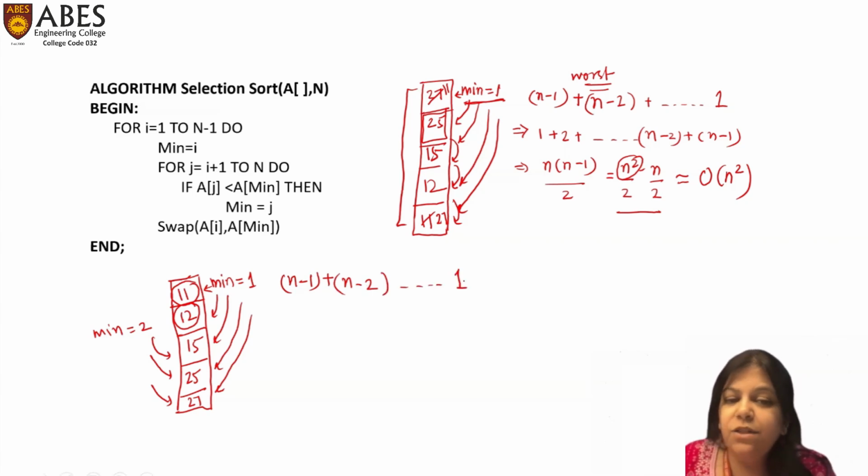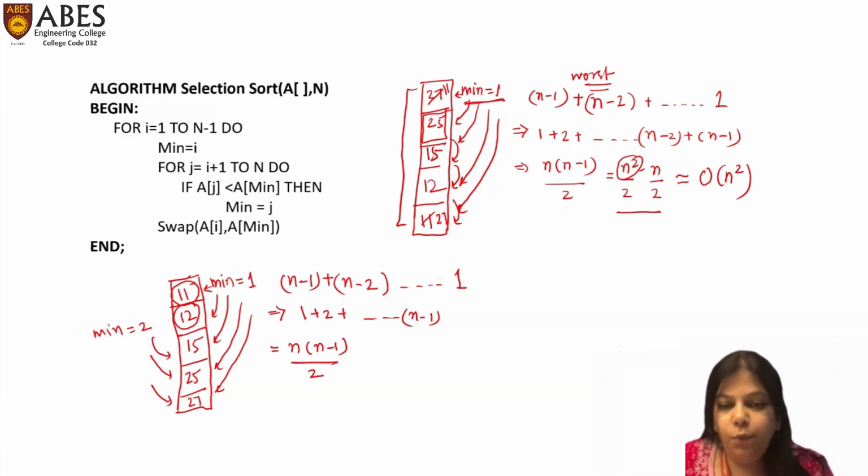In the last iteration, the number of comparisons will be 1. So again, if we reverse this, we will get 1 plus 2 up to n minus 1. This can be represented as n into n minus 1 by 2, which is nothing but big O of n square.